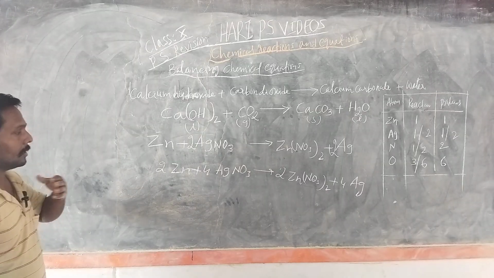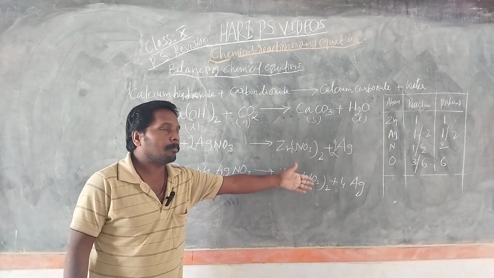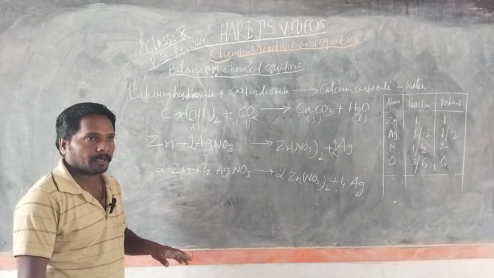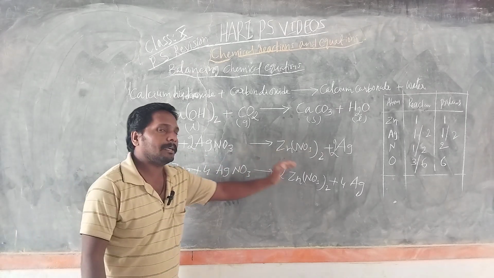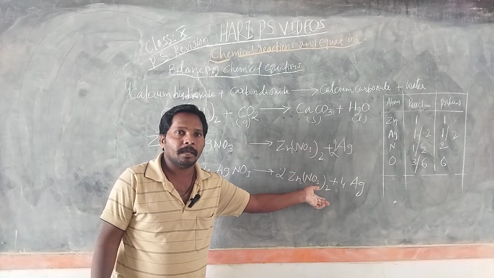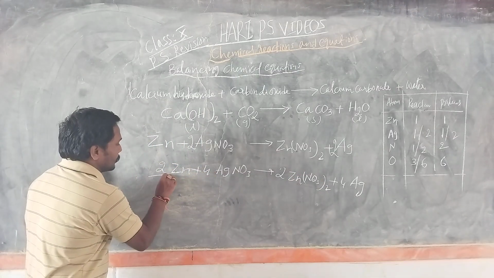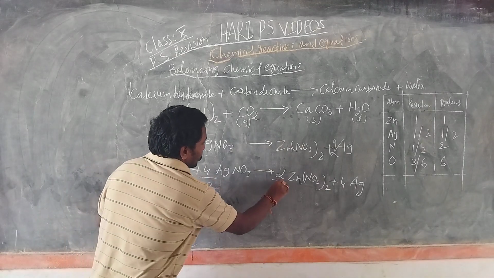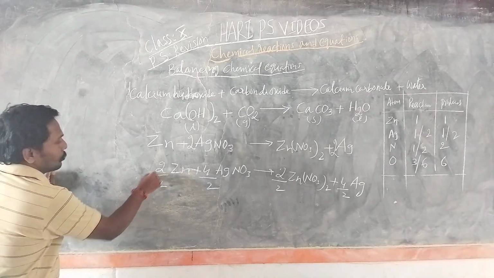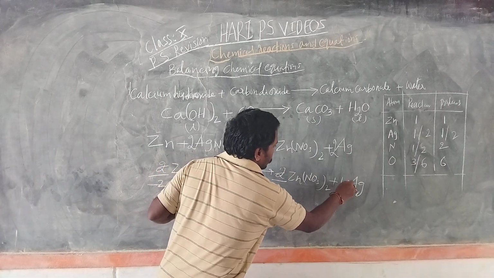So observe that the coefficient of each compound must be the least whole number. That's why we have to divide the numbers used to multiply with the smallest whole number. Division by 2, division by 2, division by 2, division by 2. Divide with 2. Then 2s get cancelled. 2 twos are 2, 1, 2 get cancelled, 2 ones are 2.